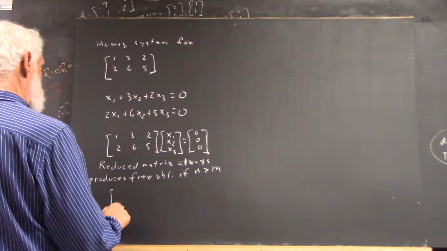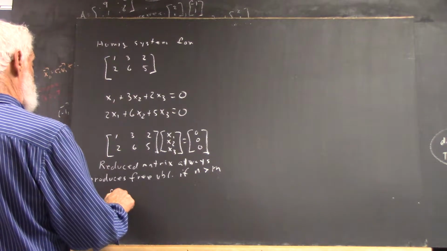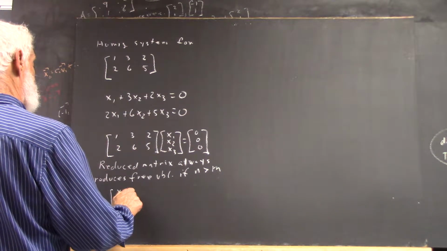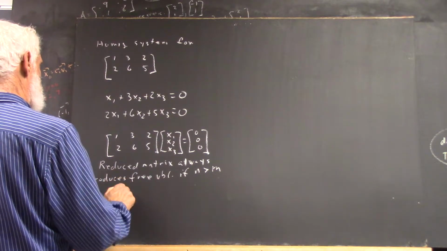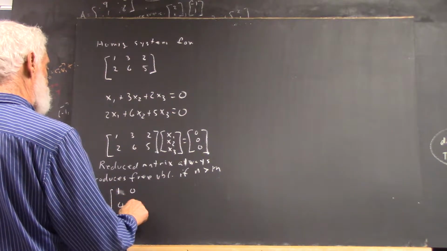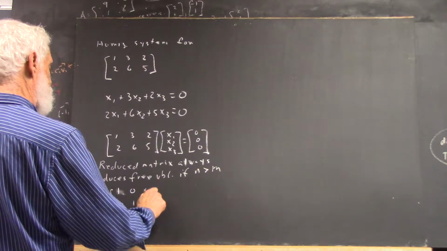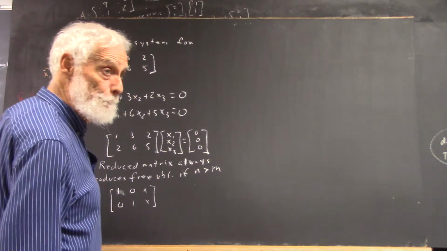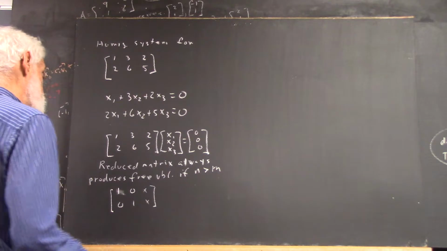So, for example, you could get x1, 1, 0, 0, 1, and then you're going to get a couple of asterisks, right? Okay?